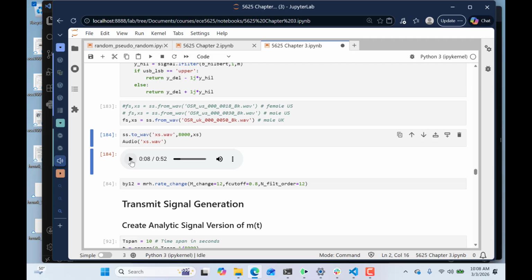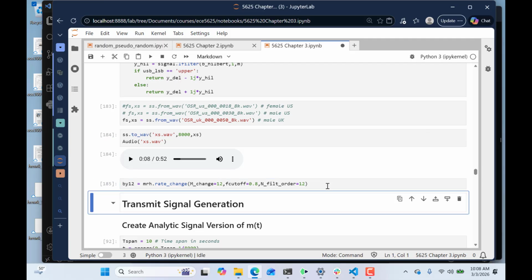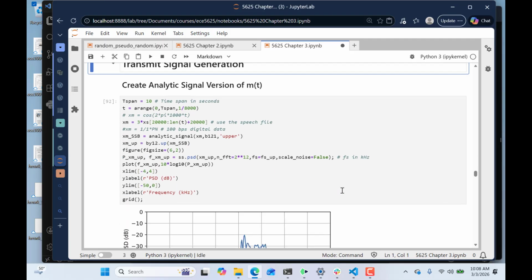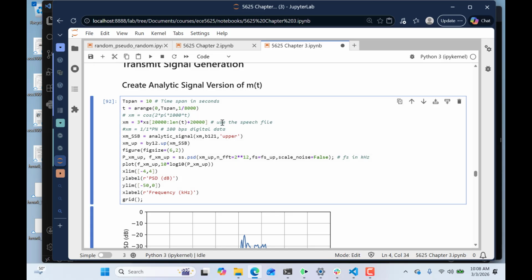Got it? That's what we're going to be hearing, or we're trying to hear. So I'm going to do the rate change object again, like I did last time, and create an analytic signal. This time I'm just going to cut to the chase and use exactly the speech file, the British speech guy.